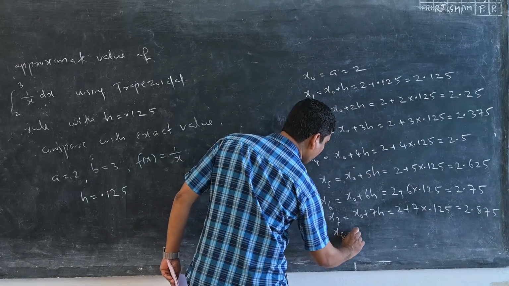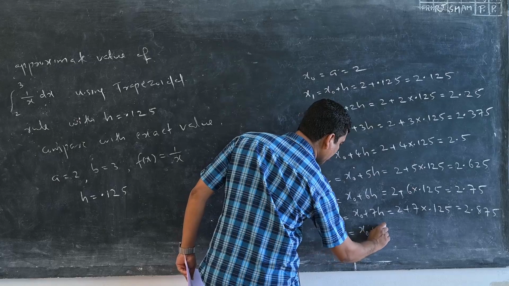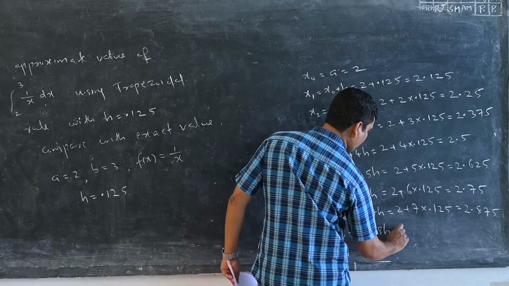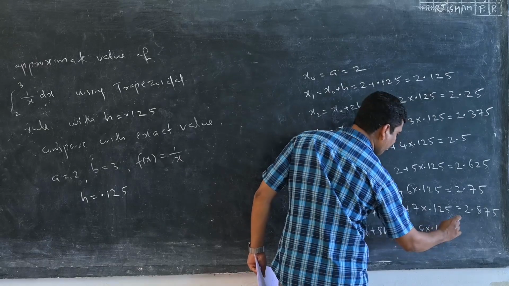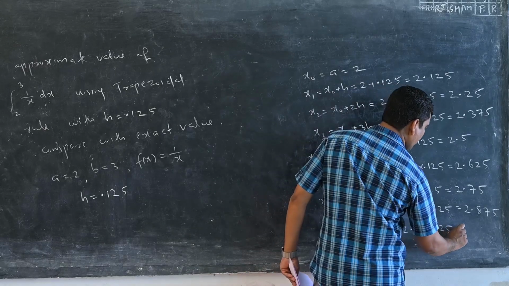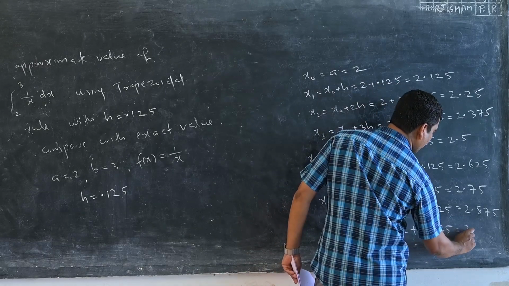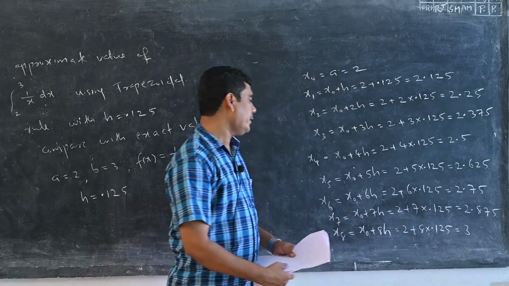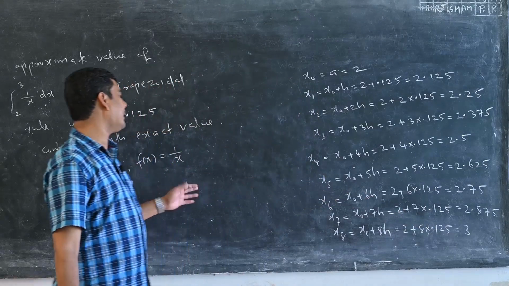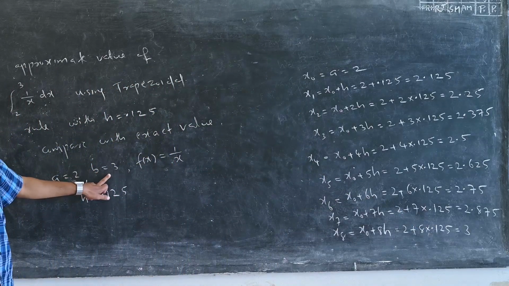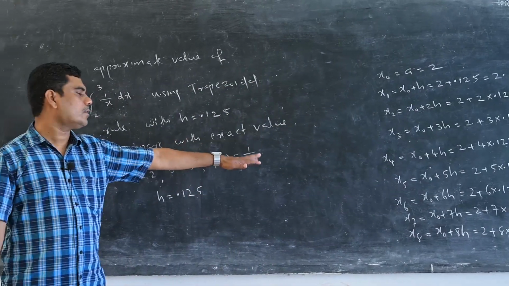X8 is equal to x naught plus 8h, 2 plus 8 into 0.125. It is 2 plus 1 is equal to 3. X8 is equal to 3. So we reached the right end point of the interval AB, 3. So we stop there.